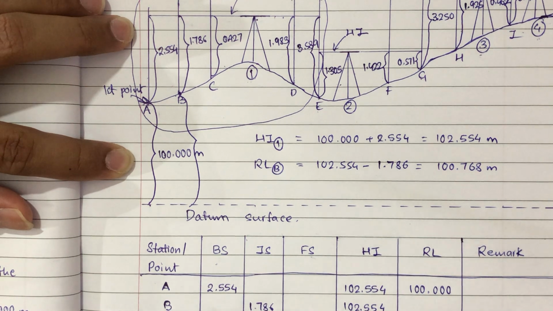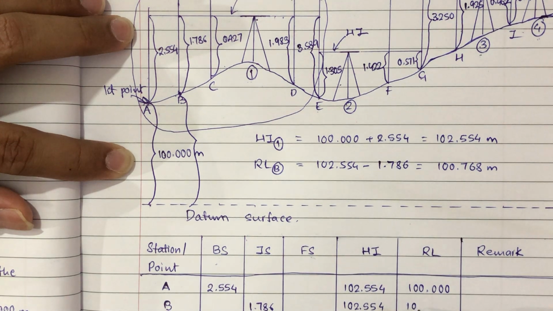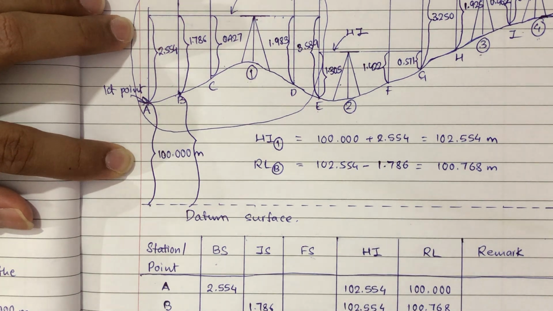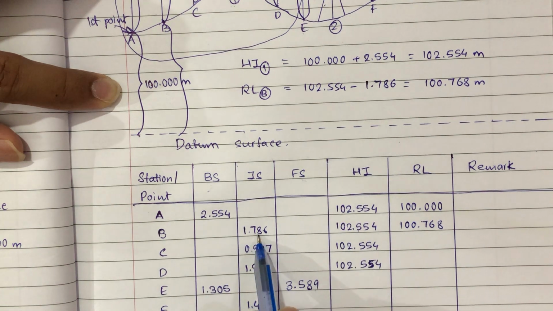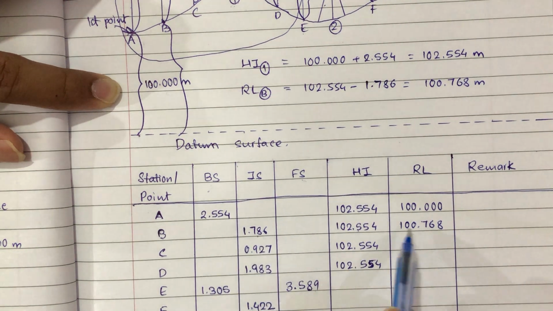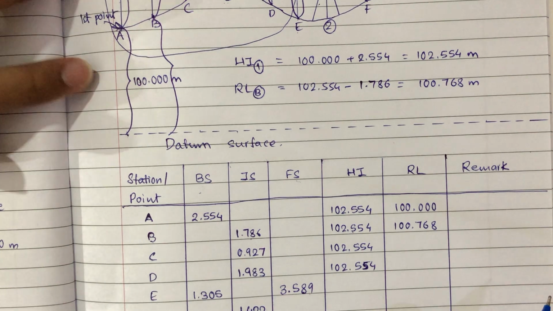So this RL of B comes out to 100.768 meters. We have subtracted this value from this value.